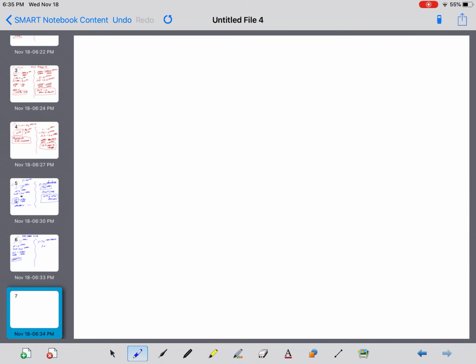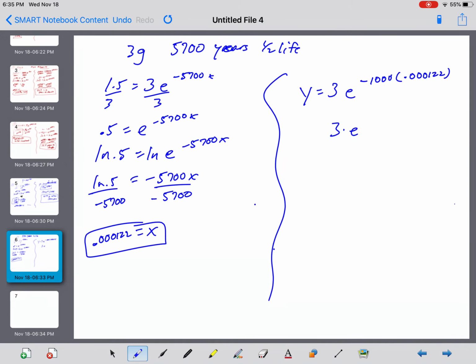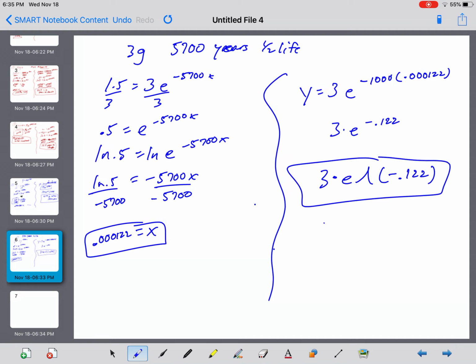So 3 times e raised to the negative 0.122. That's what you'll type in your calculator, and it'll kick out that you have 2.66 grams. So you still have quite a bit left after 1,000 years.